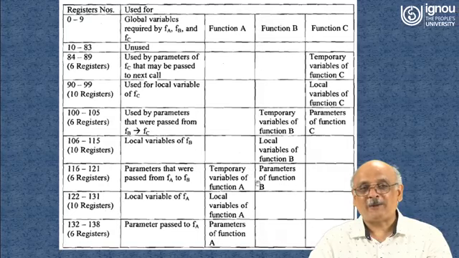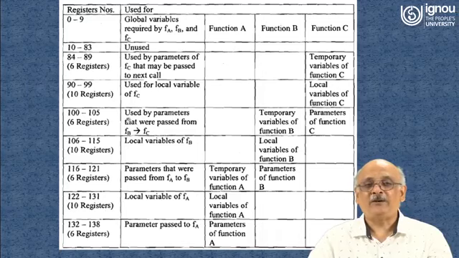So there is an overlap of registers between A and B. What for? Because whatever parameters function A has to pass to function B will be in those temporary registers, and they are also the parameters of function B. The return value will also come back in this particular area.